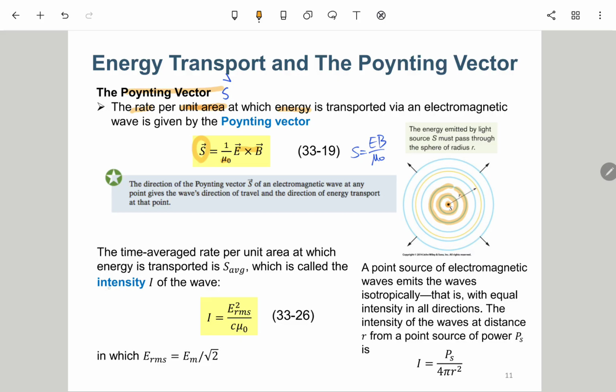And then here we also introduce something called the intensity. The intensity I will be E RMS squared over c mu naught, which is the average amplitude of S. It will be E times B over mu naught.